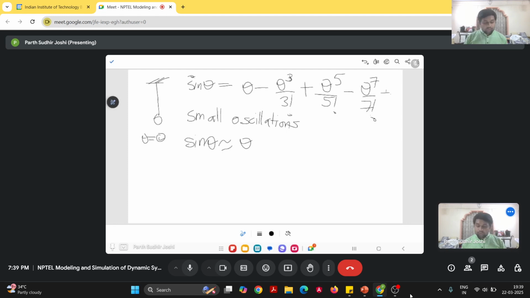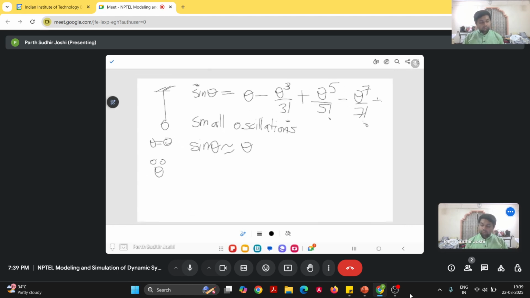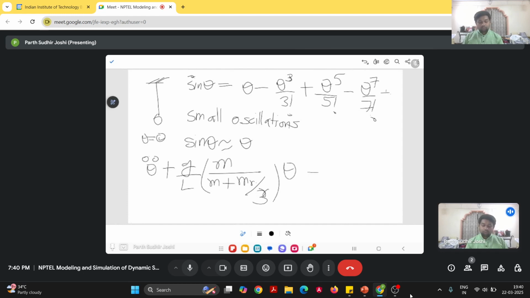So then our differential equation becomes theta double dot plus g by L into mass of the rod by 3 into theta is equal to 0.